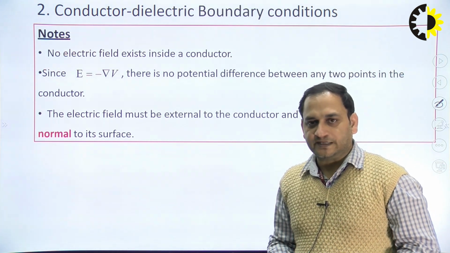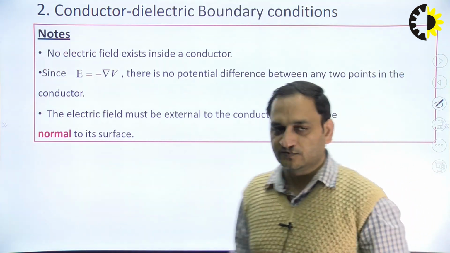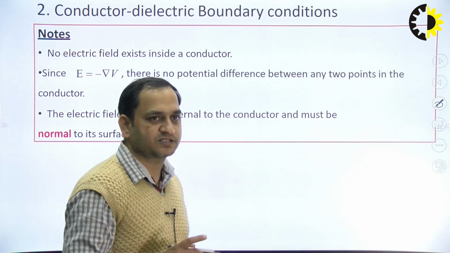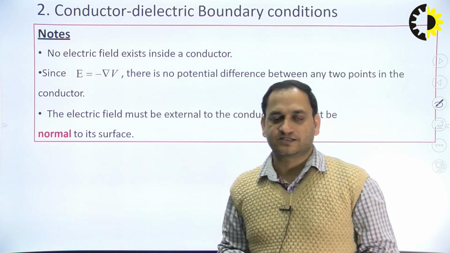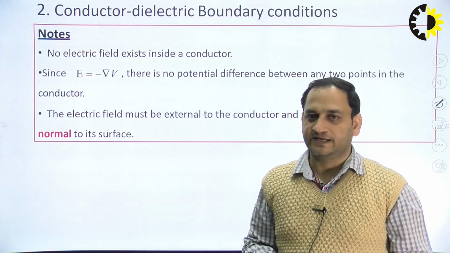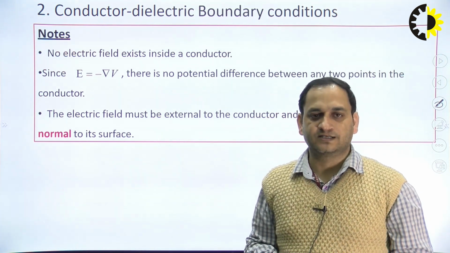So in the conductor-dielectric boundary conditions, there are some points which we must be aware of. First is that no electric field exists inside the conductor. Second, electric field is equal to minus del V, right.